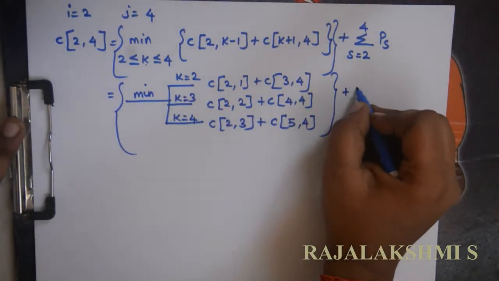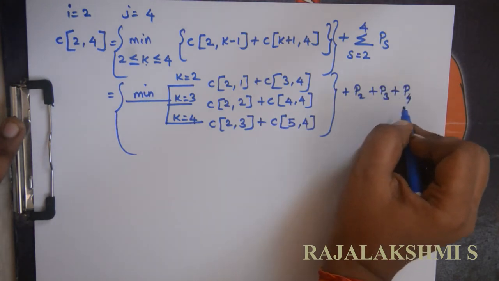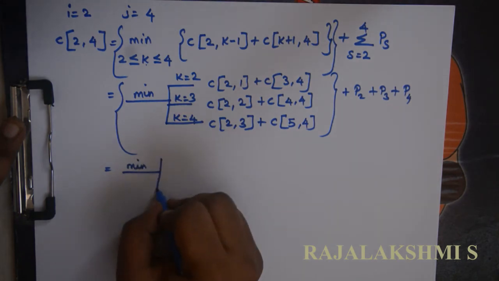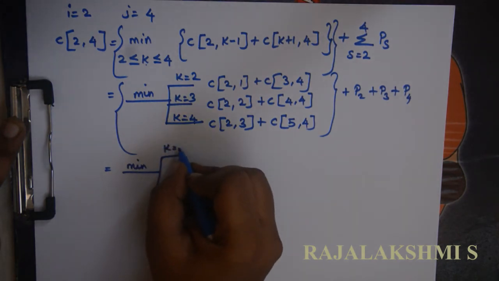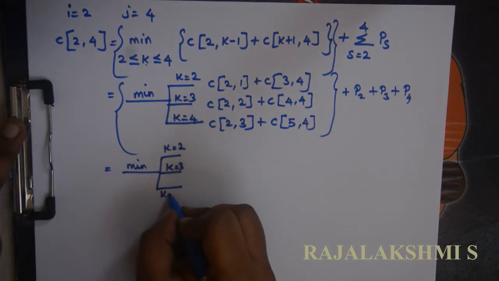And here we are having P2 plus P3 plus P4. So this will be minimum over k equal to 2, k equal to 3, k equal to 4.